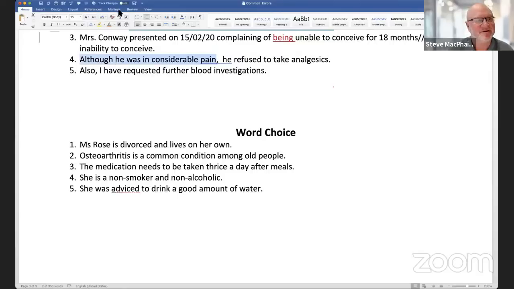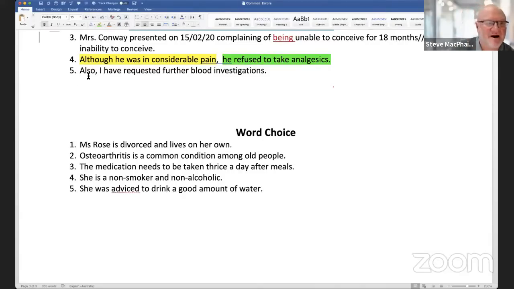So this is our dependent clause, and it must be attached to green, which is our independent clause. And we put a comma to separate the two when we start with the dependent clause. Make sure you know your complex sentences, dependent and independent clauses.